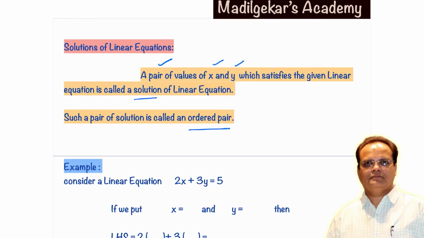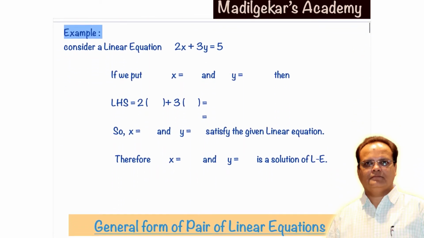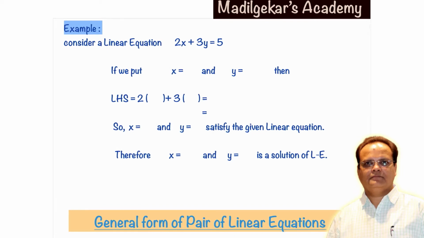For example, consider a linear equation, say 2x plus 3y equals to 5. If we put x equals to 1 and y equals to 1 in this above equation, let us check what happens.